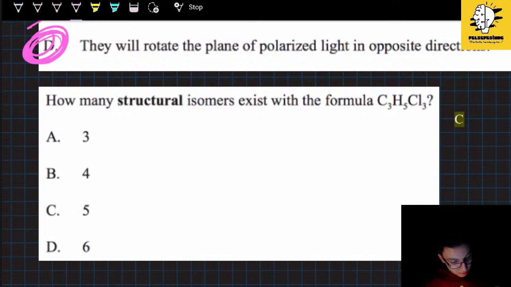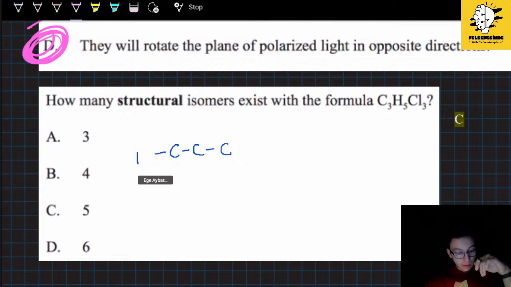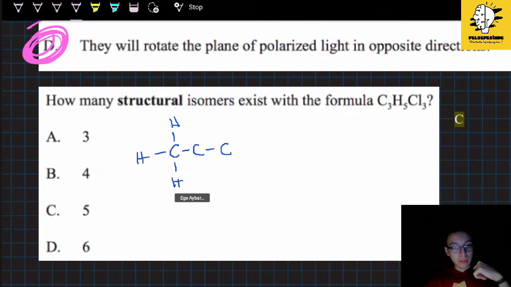Okay. It says how many structural isomers exist with the formula C3H5Cl3. So the answer is already 5. So maybe you can draw them. Okay. Let's draw it. Why don't we draw the skeletal formula first, so that our friends will understand that in the exam they can also use skeletal formula?